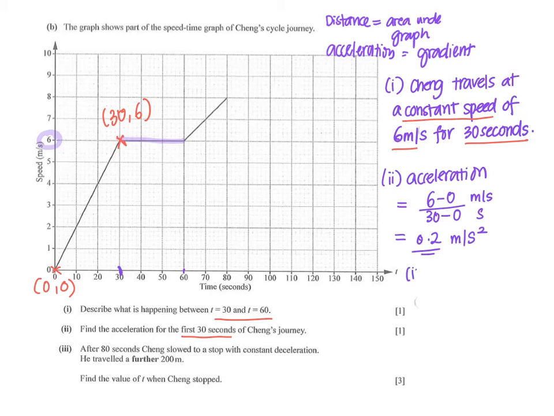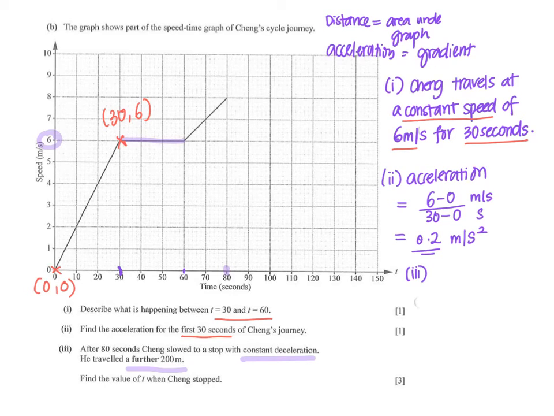Okay, part 3. The question asks us, after 30 seconds, it slowed down with constant deceleration and traveled a further 200 meters. So what does this mean?